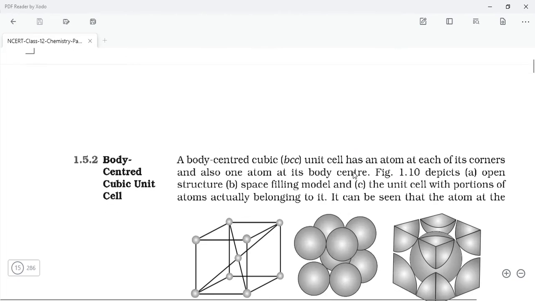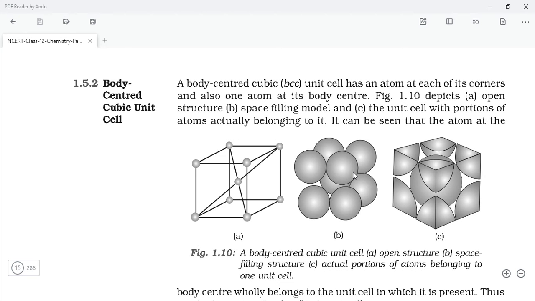If you want to find out the total number of atoms present in the unit cell, you might assume the unit cell to be like this, where there is one atom at the body center of the cube and 8 pieces of the sphere on the corners, so that you can find out how much part of the sphere is actually inside the unit cell under consideration.